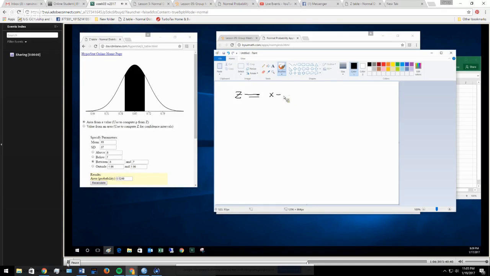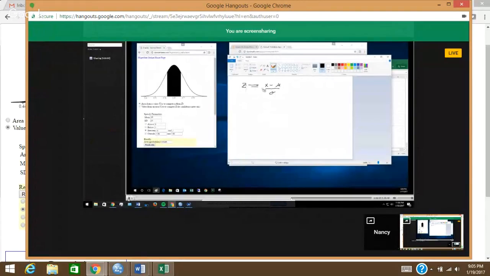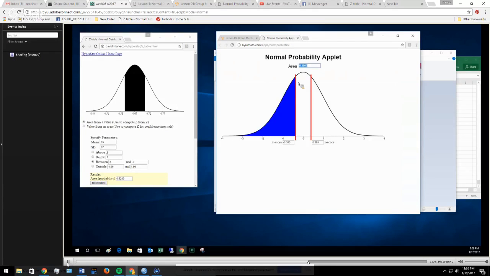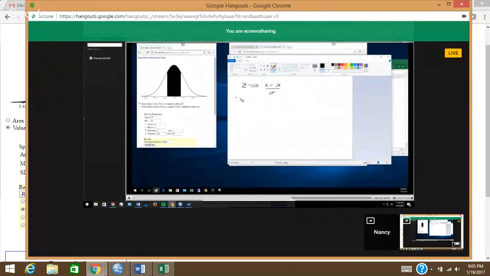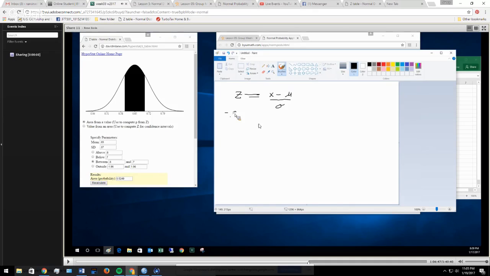You know what the Z-score is, and the limit is negative 0.385. Okay, so it's negative because it's below.